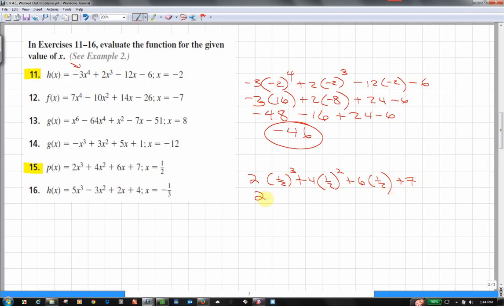So 2 times 1/2 cubed is 1/8, plus 4 times 1/2 squared is 1/4, plus 6 over 2. So this would be 2 over 8 plus 4 over 4 plus 3 plus 7, 1/4 plus 1 plus 3 plus 7, 11 and 1/4.